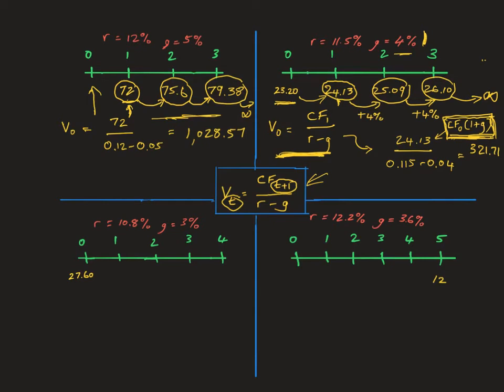We turn our attention to the bottom left-hand quadrant. In this situation, we have a T0 cash flow, we have a perpetual growth rate, we have a required rate of return, fair enough, but I'm creating a complication here.